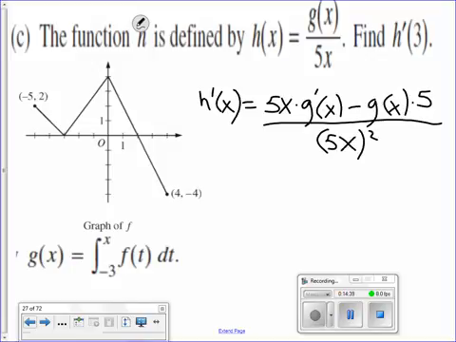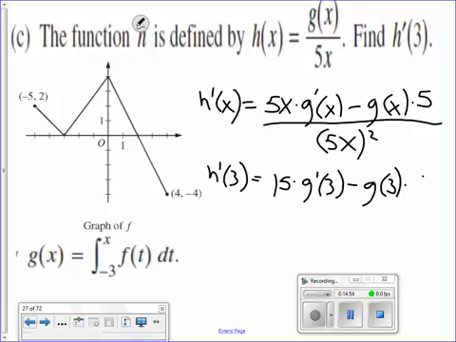Okay, we want h prime of 3. So h prime of 3 is 5 times 3, or 15, times g prime of 3 minus g of 3 times 5, all over 15 squared.